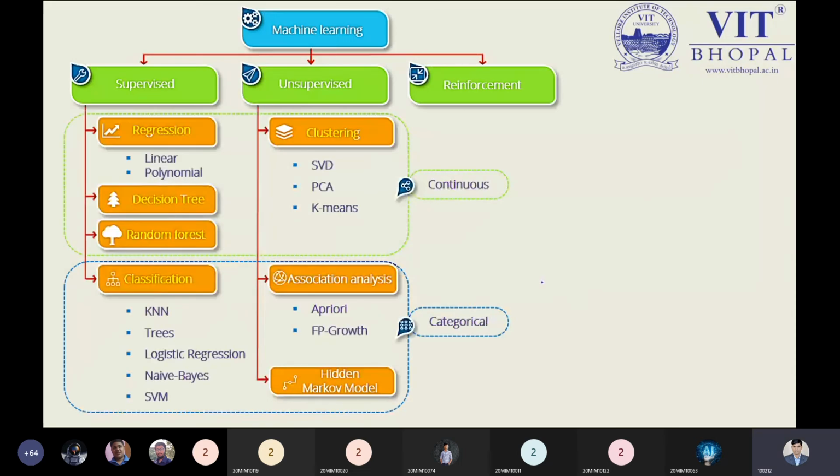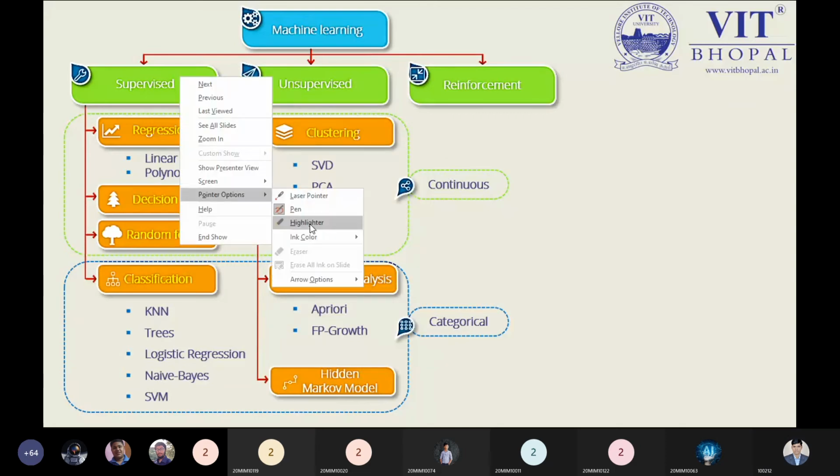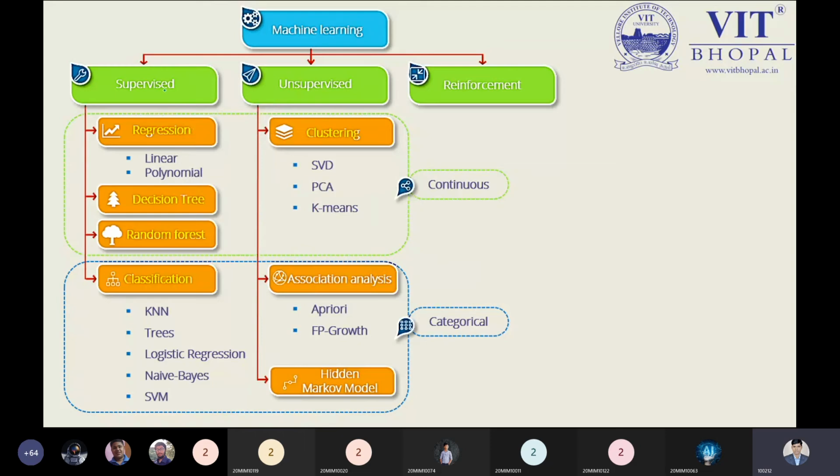After learning this point, let us explore the various algorithms that can be applied in machine learning. First we have supervised learning. In supervised learning, the first algorithm is regression.